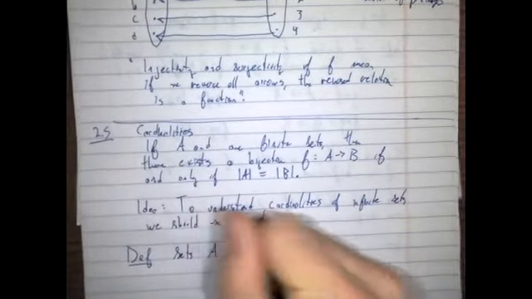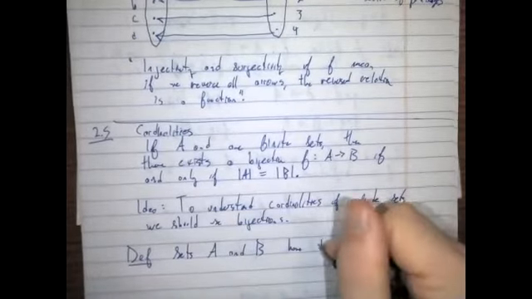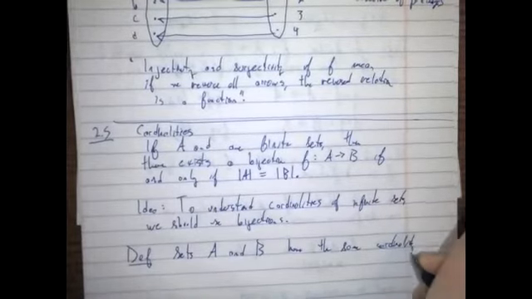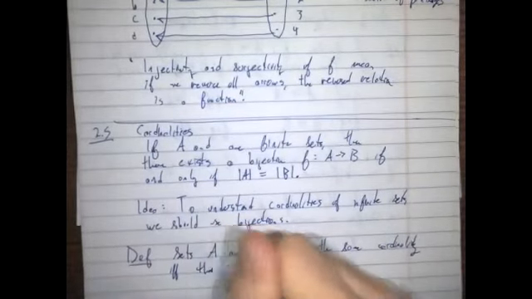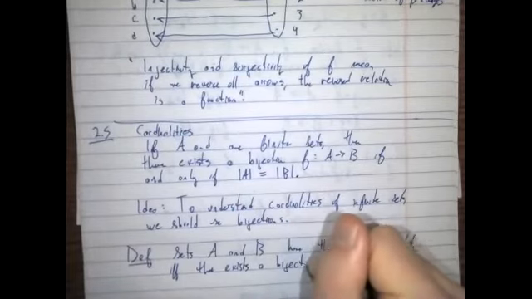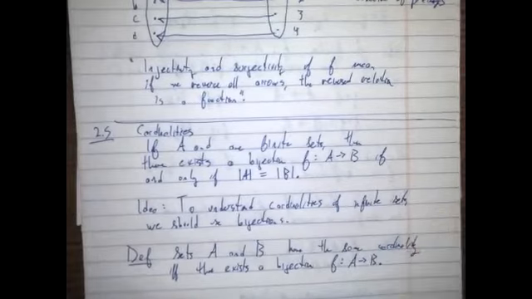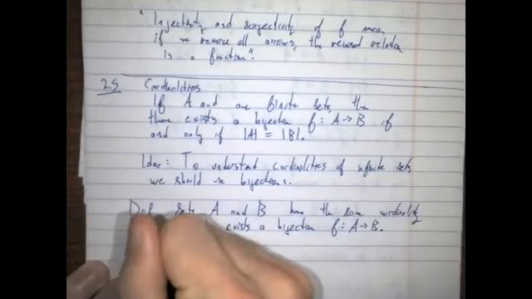Sets A and B have the same cardinality if and only if there exists a bijection f from A to B. And now I'll come to another very important definition.